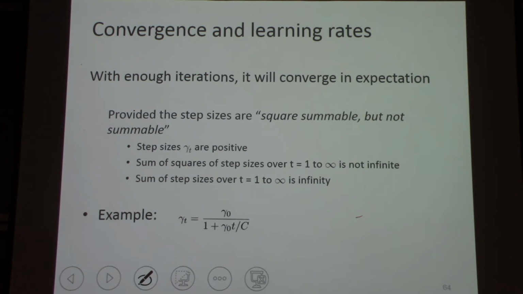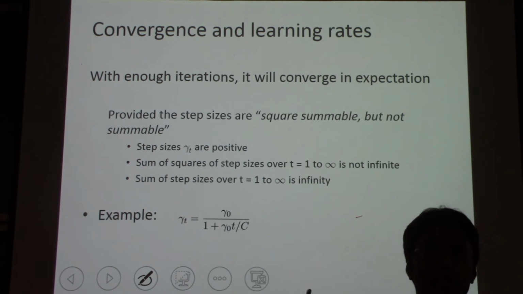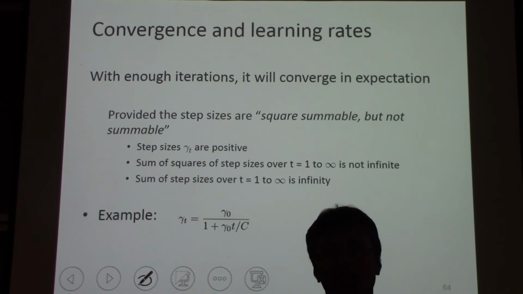It gives you a bunch of collected advice on making stochastic gradient descent work. One piece of advice he gives is to use this as the learning rate at the tth time step. If C is the trade-off parameter and gamma naught is a parameter that you choose by cross-validation, the first learning rate, the first step, then subsequent steps can be chosen as this function. Turns out this seems to work well in practice.